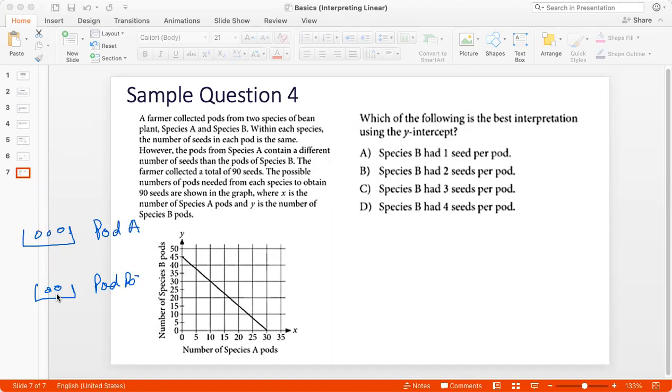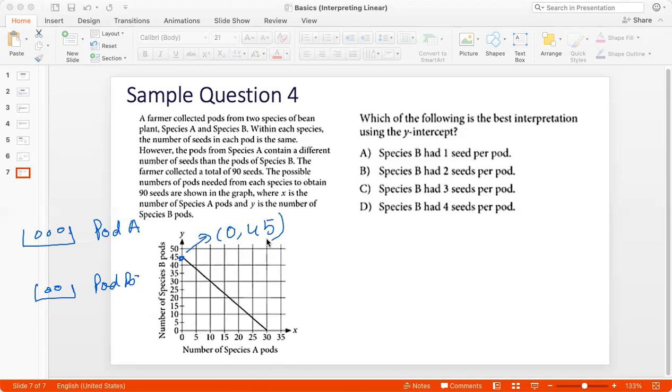The farmer collected a total of 90 seeds. The possible number of pods needed from each species to obtain 90 seeds are shown in the graph, where x is the number of species A pods and y is the number of species B pods. Which of the following is the best interpretation using the y-intercept? The y-intercept is (0, 45).